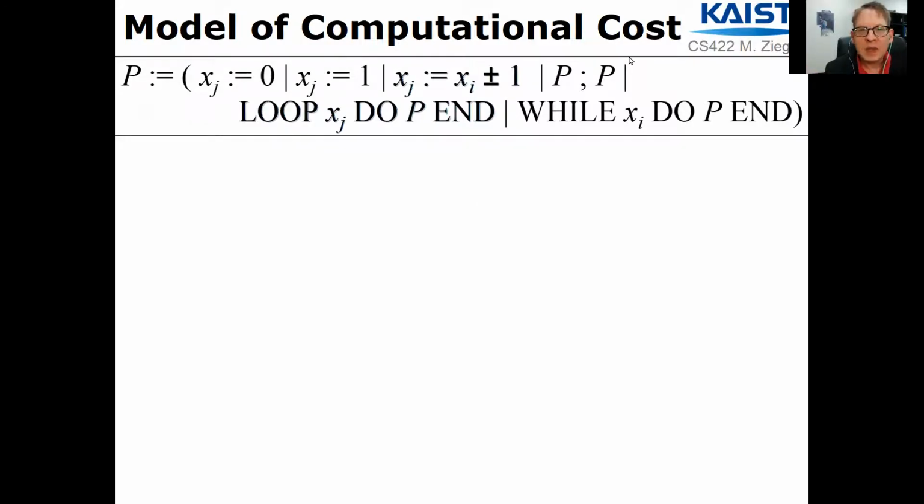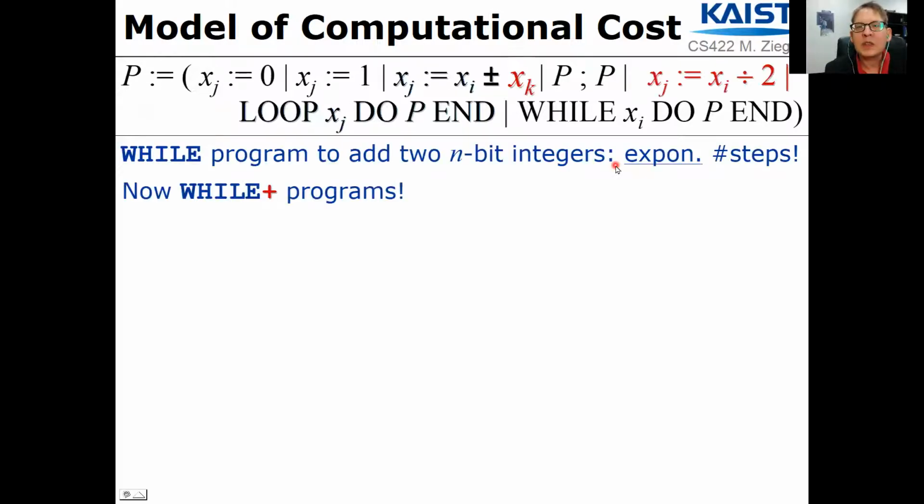and turn them into while plus programs. So while plus programs, in addition to the increment and decrement operations that we've already had in the previous model of computation, in the previous formalization of algorithm, now introduce addition and subtraction, where subtraction, as you recall, is made sure to give a non-negative result, so subtracting a larger number from a smaller number will result in 0.